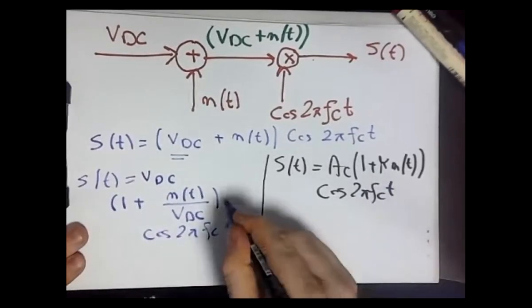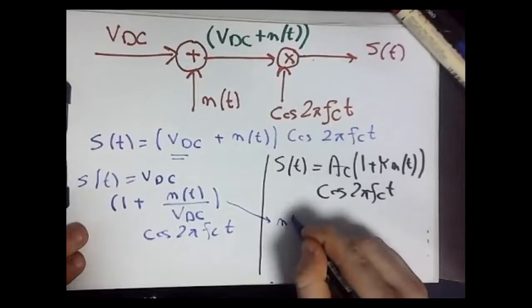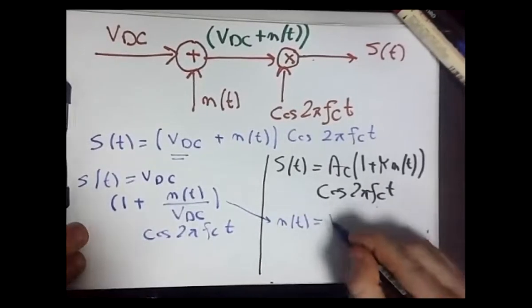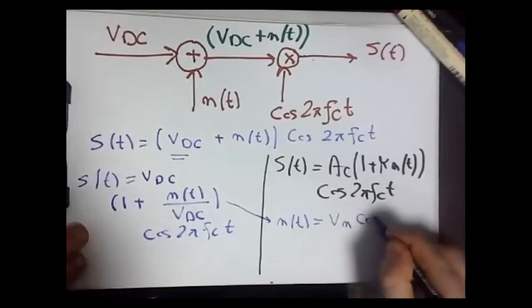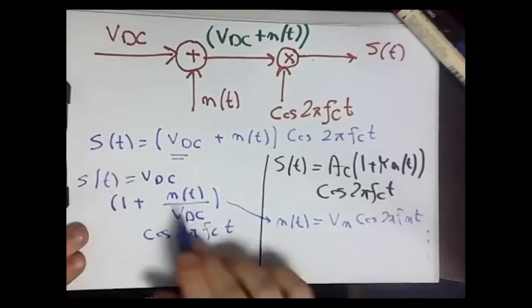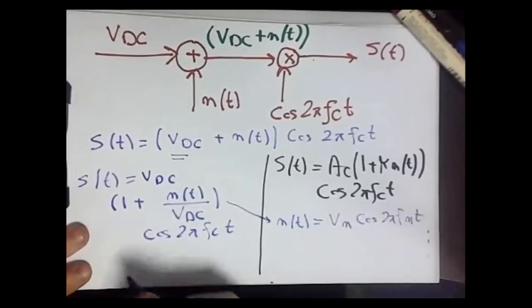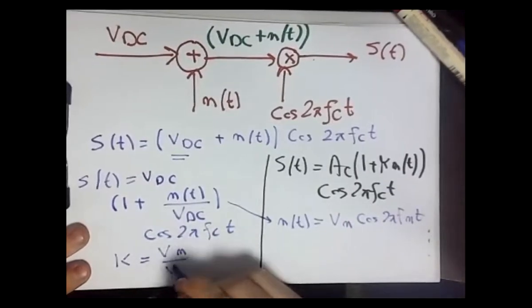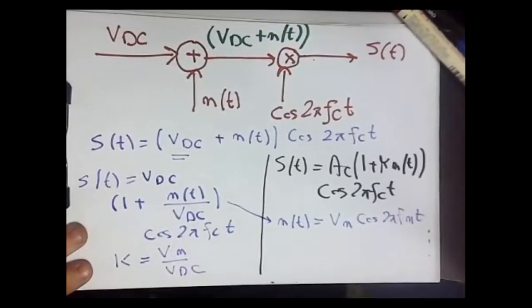Again, let me do it. If this M of T is, for example, Vm cosine 2 pi fm t, then simply from this analogy you can say that K is equal to Vm over VDC. We will use it later, but this is very important.